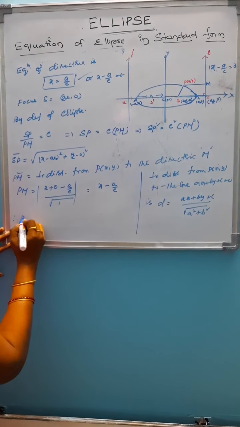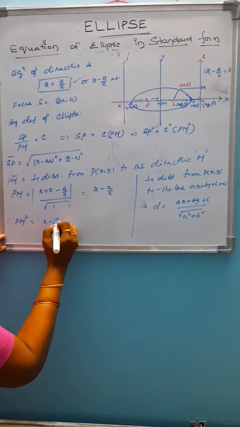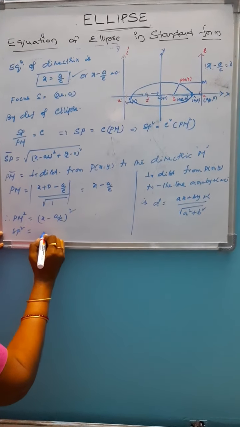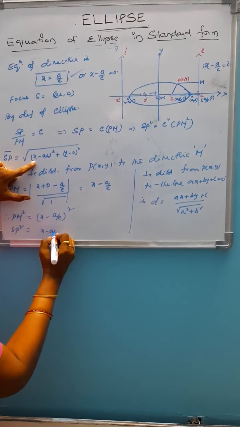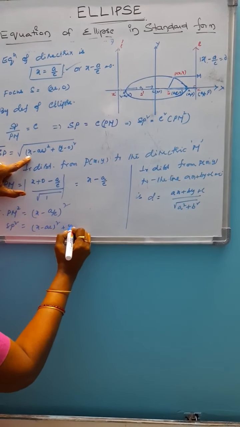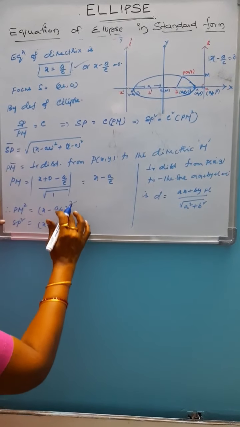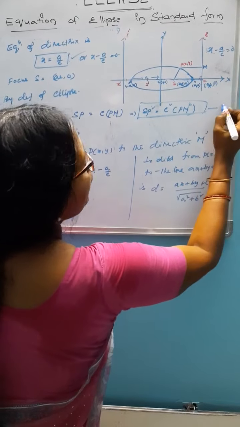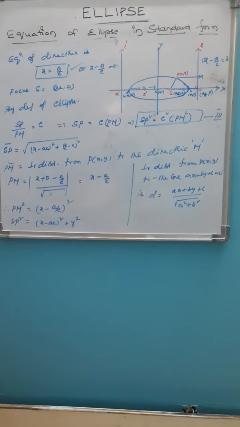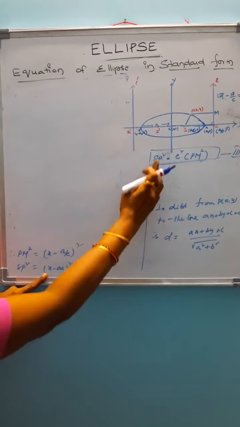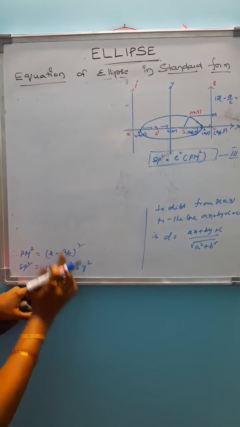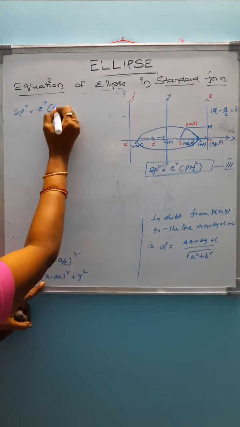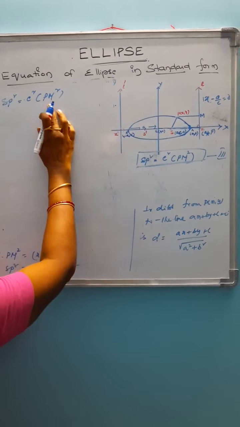Therefore PM square is equal to (x minus a by e) whole square, and SP square is equal to (x minus ae) whole square plus y square. Now put these 2 in this equation, let it be equation 3. So SP square is equal to e square into PM square, from equation 3.